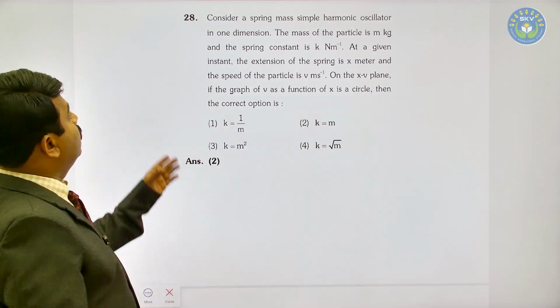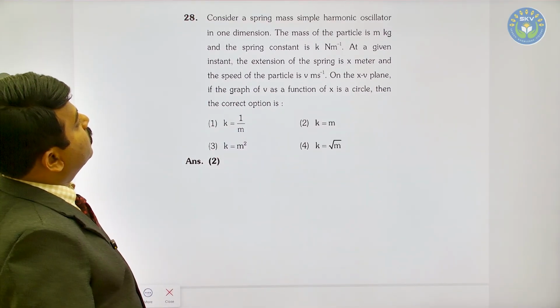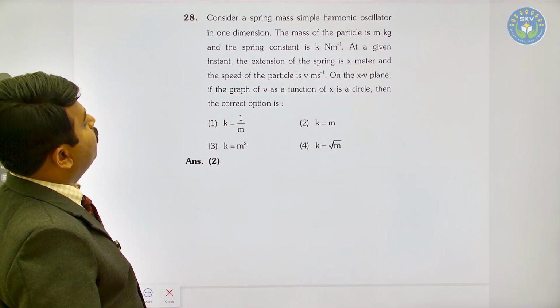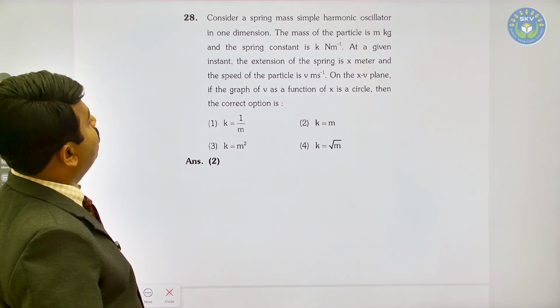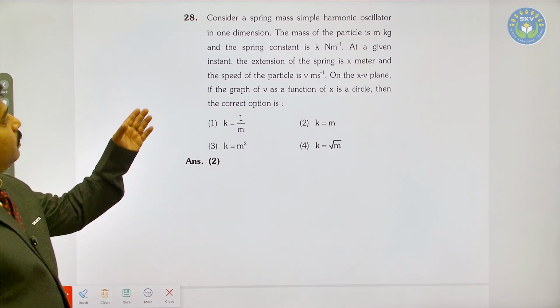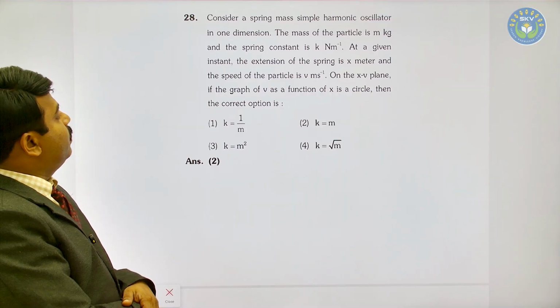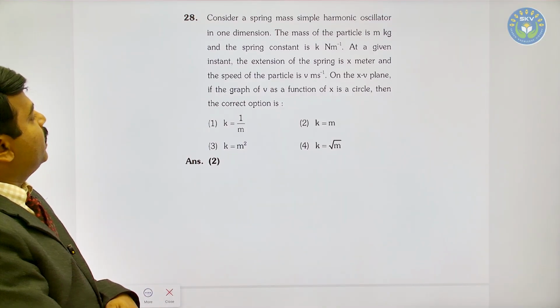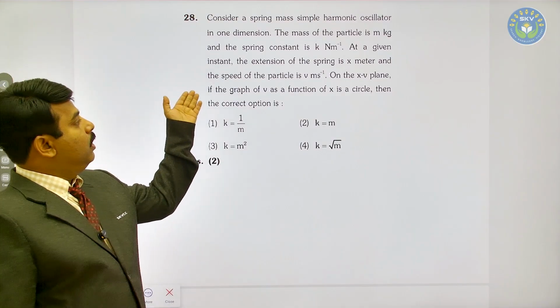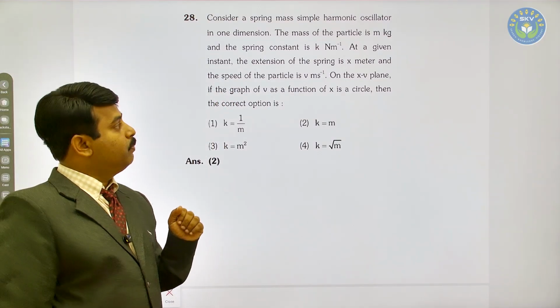All right. Consider a spring-mass simple harmonic oscillator in one dimension. The mass of the particle is m kg and the spring constant is k newton per meter. At a given instant, the extension of the spring is x meters and the speed of the particle is v meter per second.